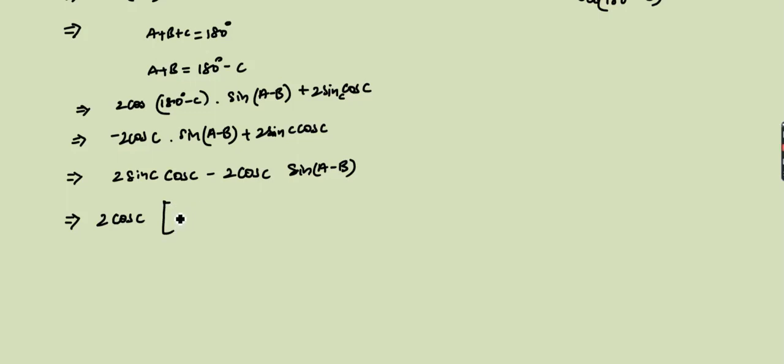So we are left with sin C minus sin of A minus B. Now 2 cos C as it is.